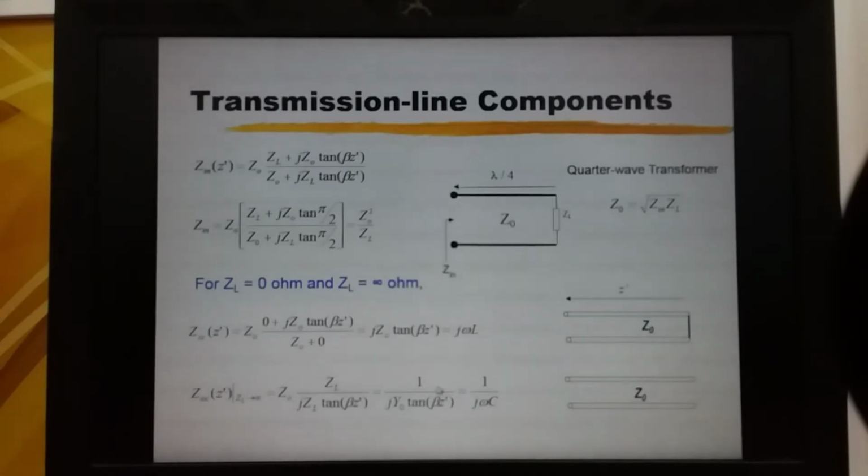So comparing this equation with 1 over j omega C, we see that we can get any capacitance that we need by controlling the characteristic impedance or admittance and also by controlling the length. We can change either the characteristic admittance or the length of the transmission line or both to get the capacitance that we need.